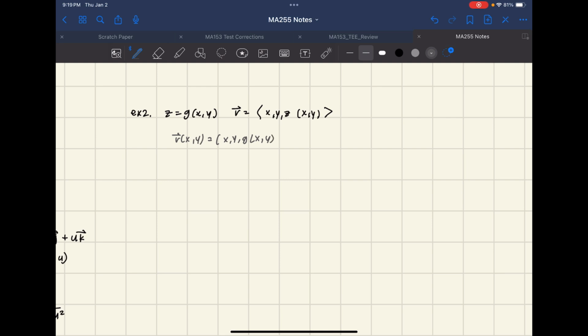And so in this case, your x and y are the parameters. So we are going to parameterize using that in the same way that we did in the previous problem, but with x and y.